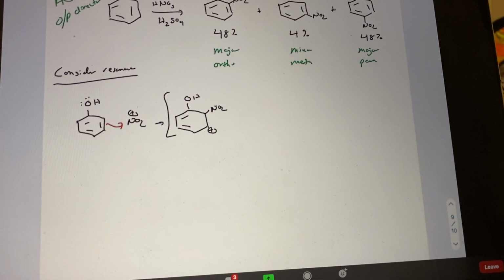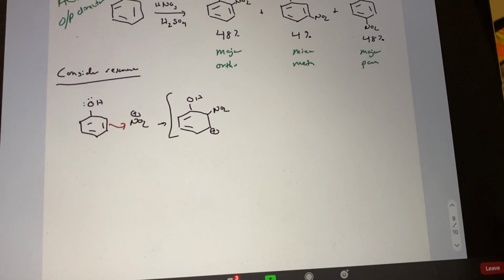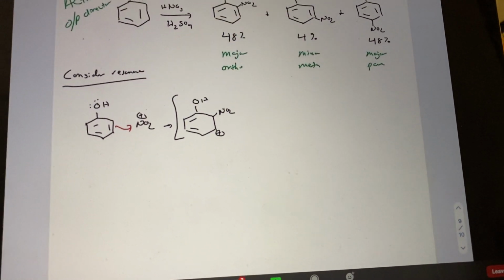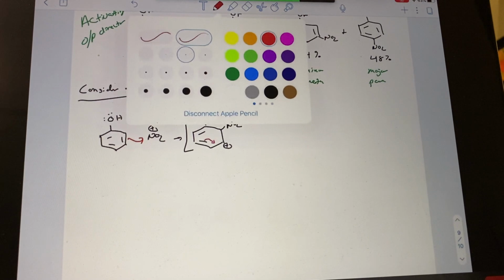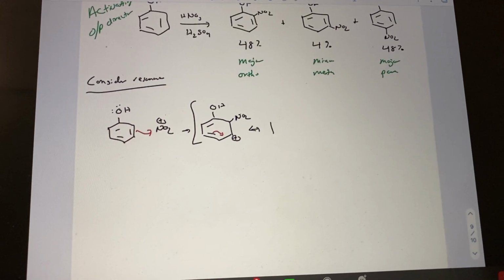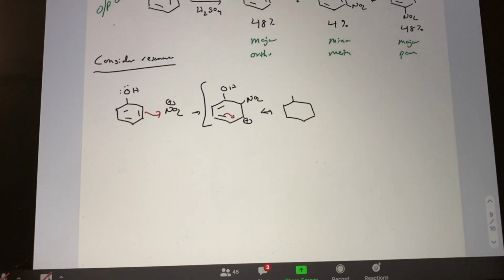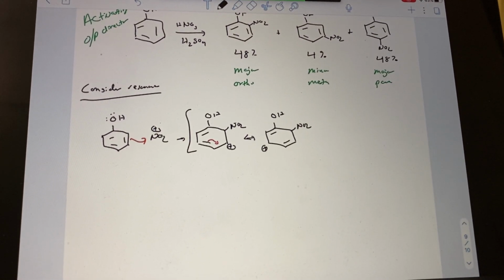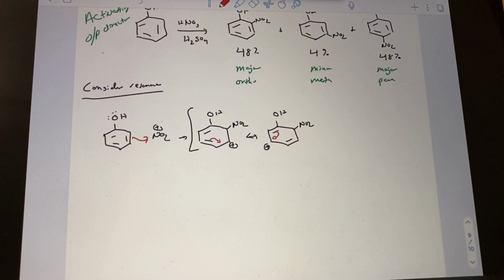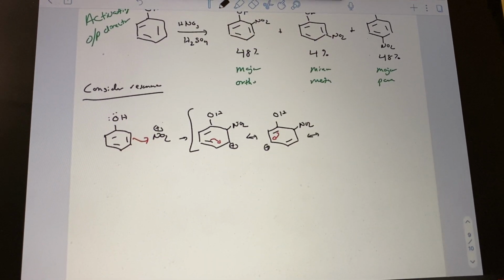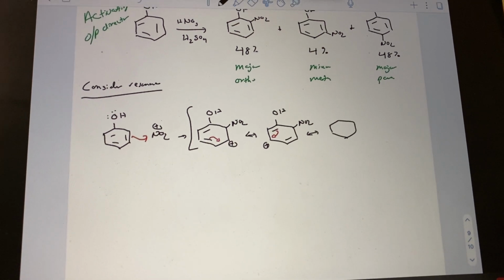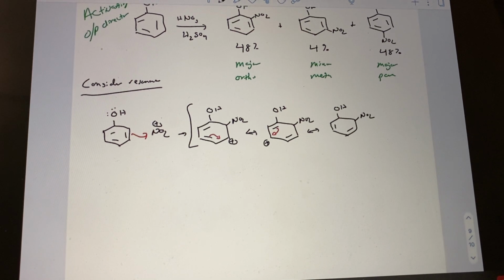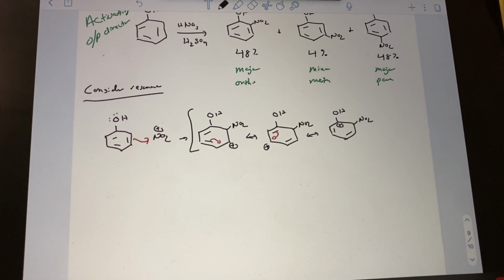And now what we want to do is draw the resonance structures here. And I encourage you, if you would please, to draw them. Maybe you'll be ahead of me. Let's move these electrons here. Draw another resonance structure. Move these electrons down here. And so we have something like this.